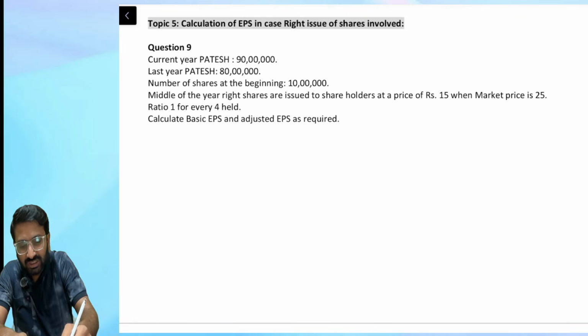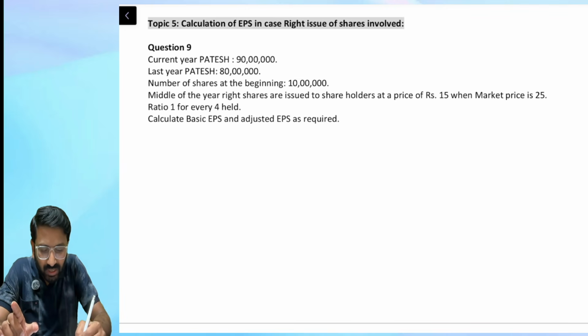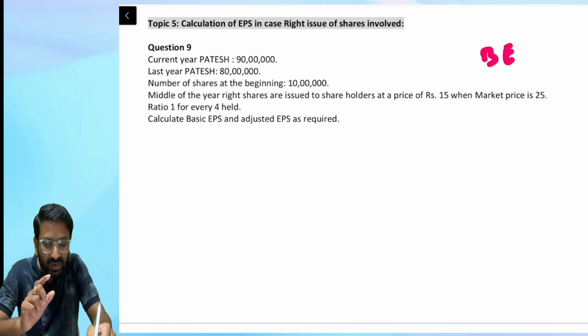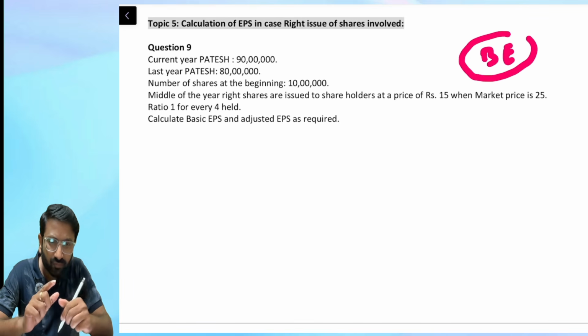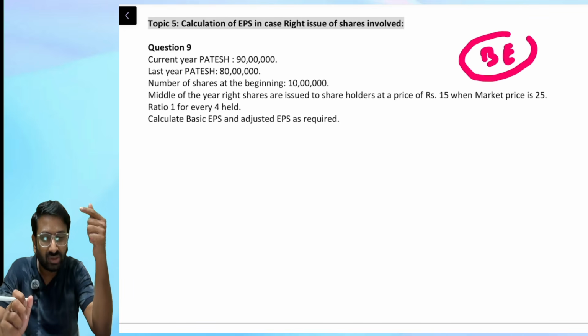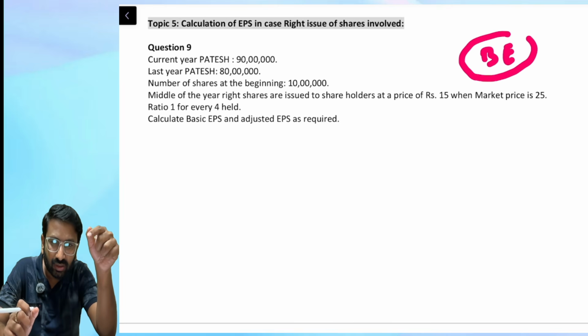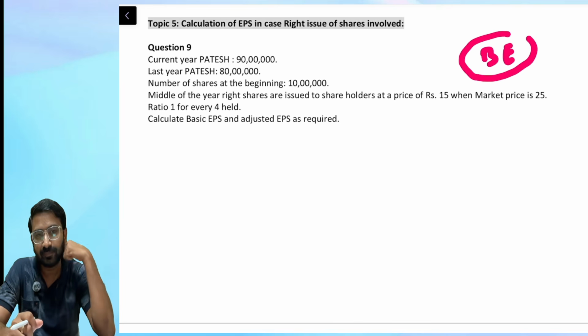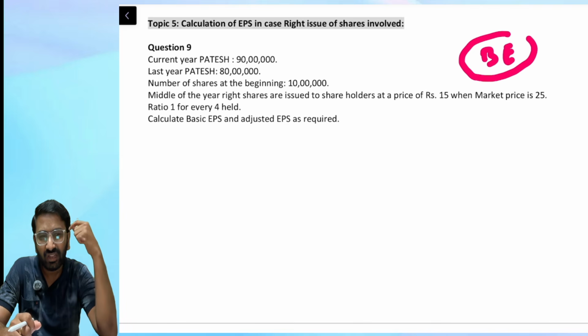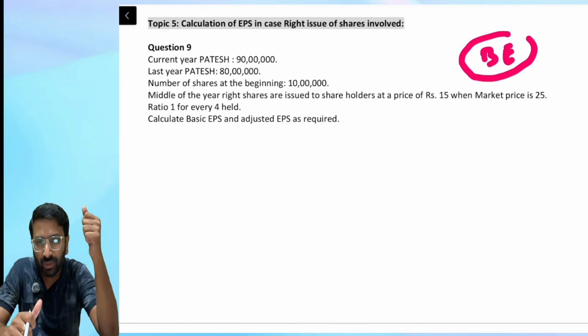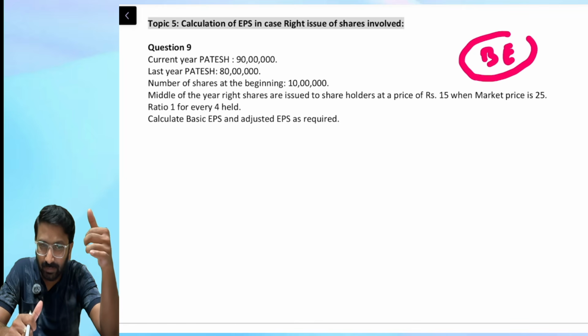And if I'm giving the shares at less than the market value, can we say there is some bonus element involved? And whenever there is a bonus element involved, we assume that this bonus element is there from the first day of last year. And whenever there is a bonus element from the first day of last year, we are supposed to calculate current year basic EPS.